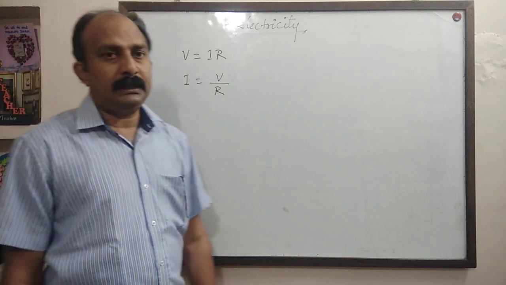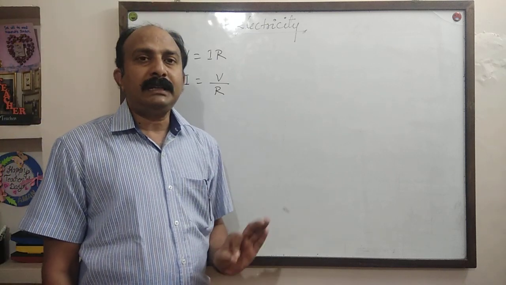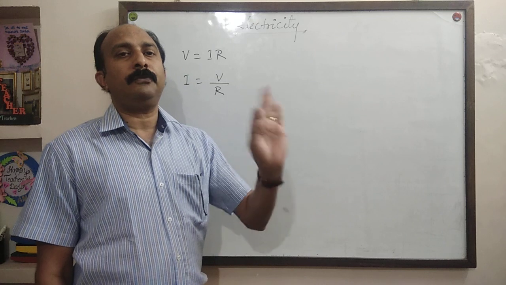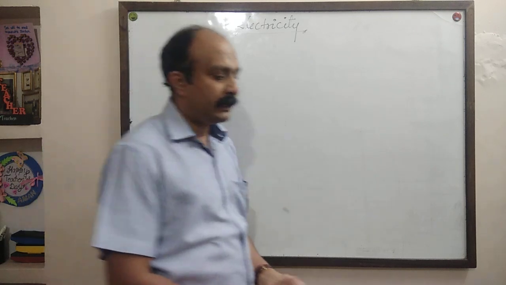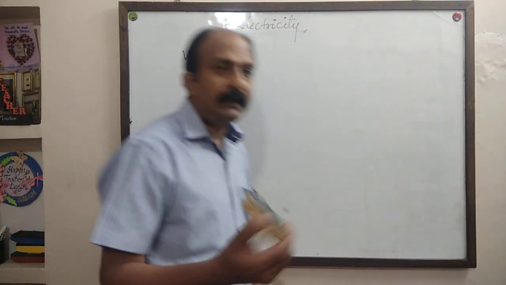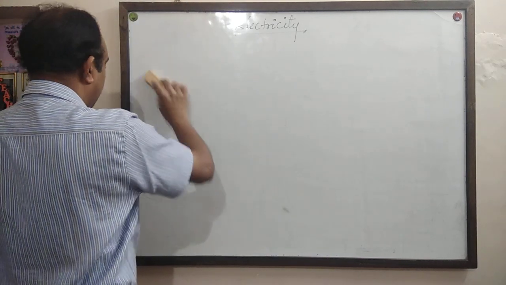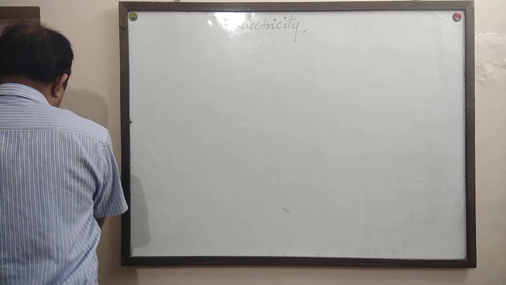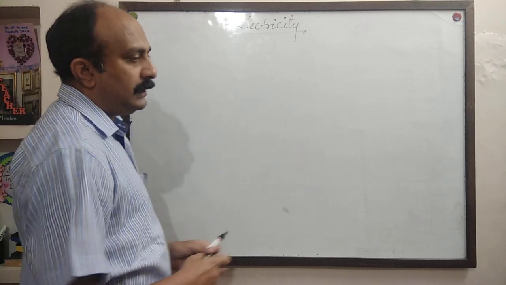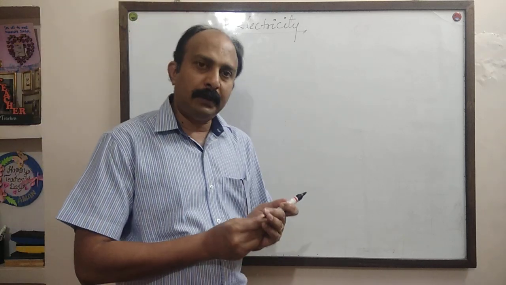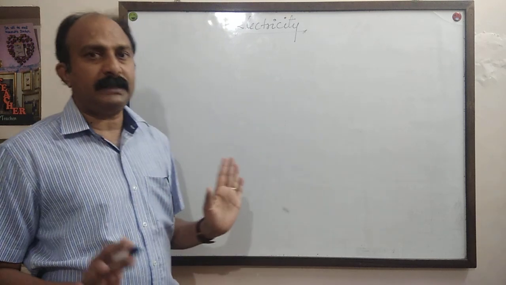Now we are going to study the next topic, factors affecting R of a conductor. Factors affecting the resistance of a conductor. In this activity I told you, different components offer different resistance in the circuit.